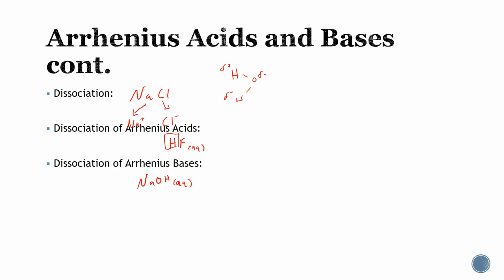When I dissociate sodium hydroxide, I form a sodium cation, notice that is not hydrogen, and a hydroxide anion. So it's the presence of that hydroxide anion that makes it what we call an Arrhenius base. Bases, when dissolved in water, generally form hydroxide ions. Acids, when dissolved in water, form hydrogen ions. So that is the basic difference there. Now, this does not encompass all possibilities for where there is an acid-base-like interaction.